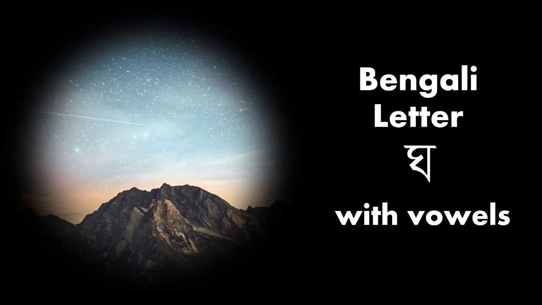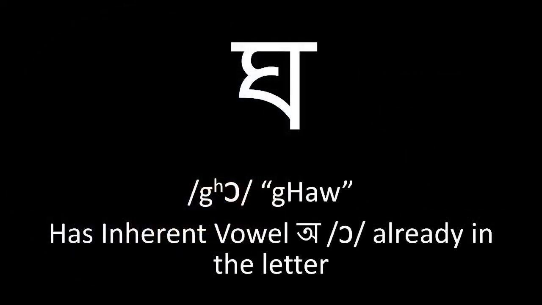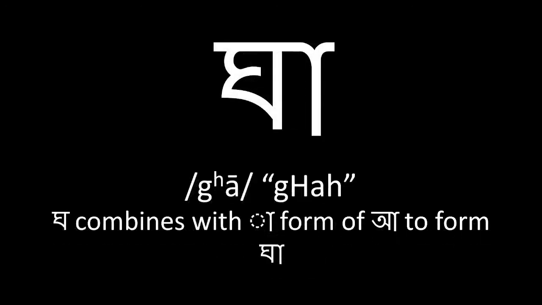It's a G with an H sound after it. This is the letter gho. And here it has the reduced form, the combining form of this vowel a to give you gha.